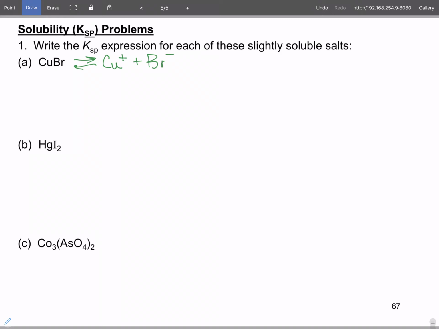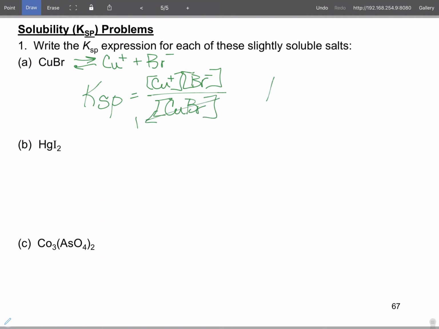So if bromide's 1 minus, which is its only option, then copper has to be 1 plus. So your Ksp expression is equal to the copper plus times the bromide minus divided by copper bromide. And remember, this is your solid, so it drops out. So your Ksp expression ends up with the copper plus 1 times the bromide minus 1. So that's the expression now.